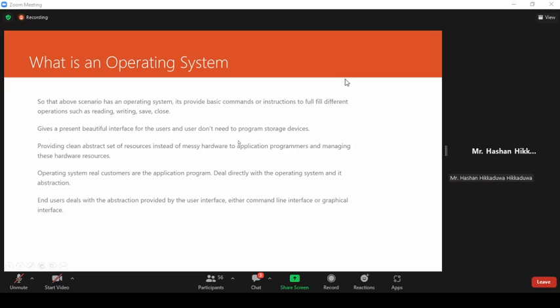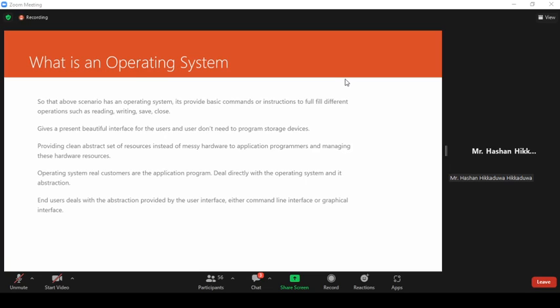Now, in your computers, you are using the graphical interface, right? At the bottom left of your computer, you can see the menu. On the desktop, you can see several icons, My Computer, then different folders. So it's a graphical interface.